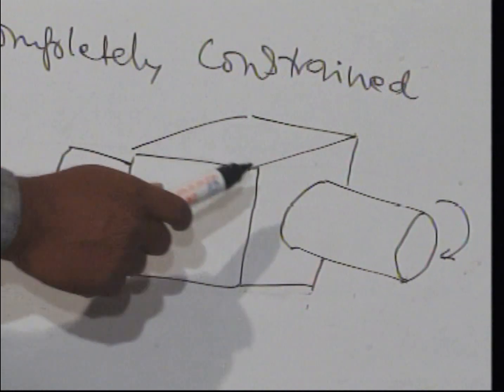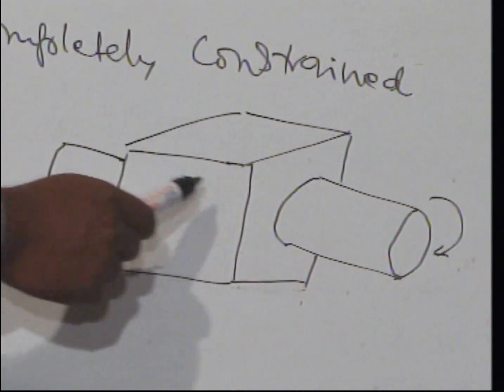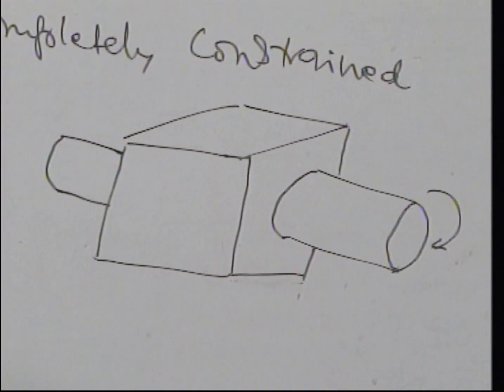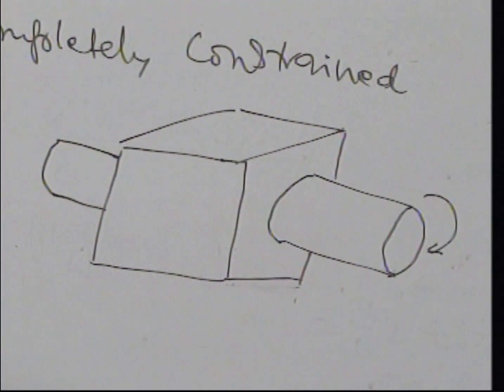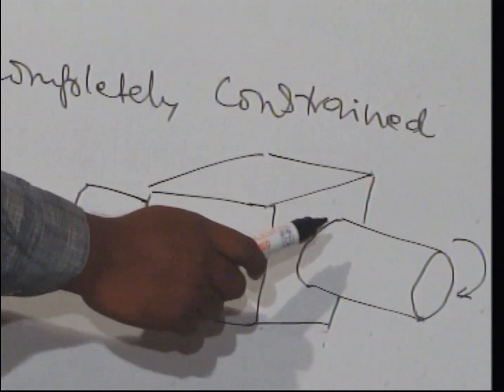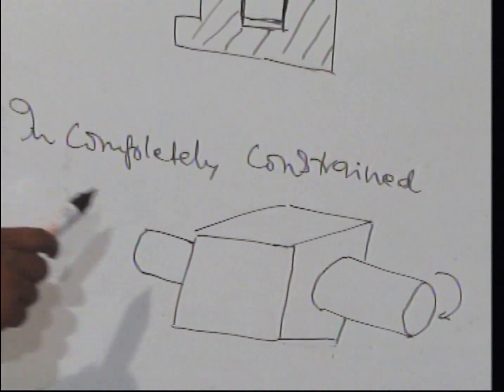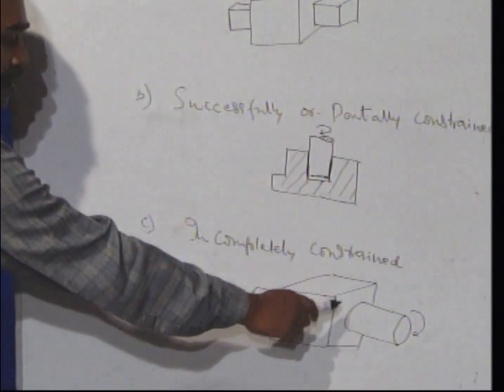There is a possibility that it can slide or reciprocate. The movement is not totally constrained. It has no definite motion. That is why it is called incompletely constrained motion.